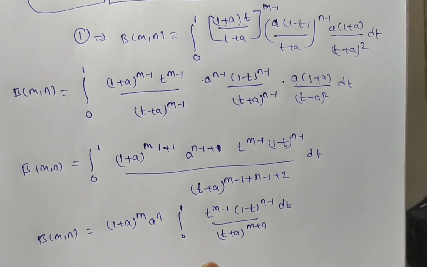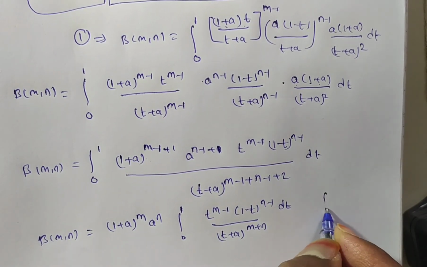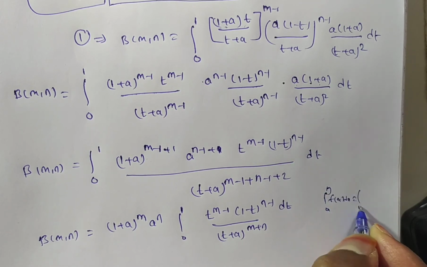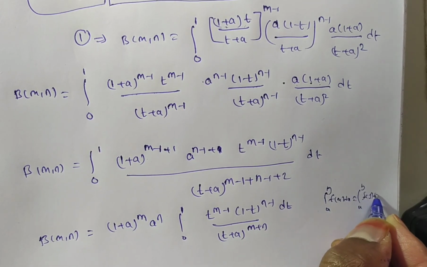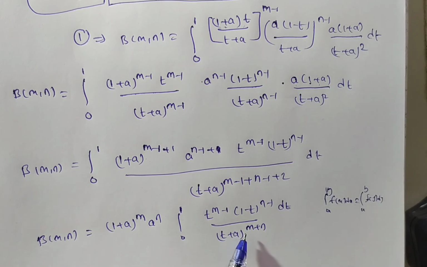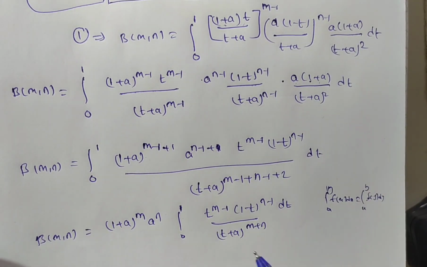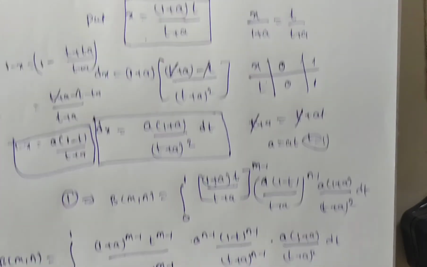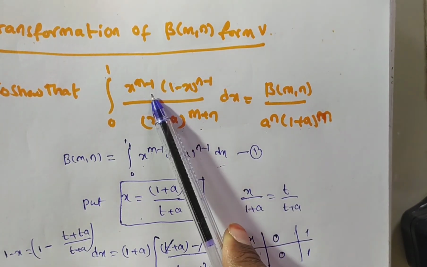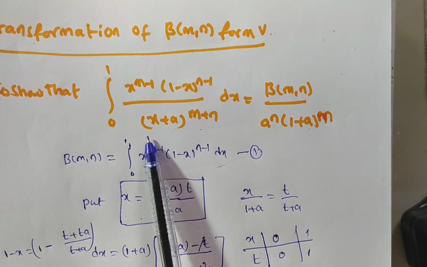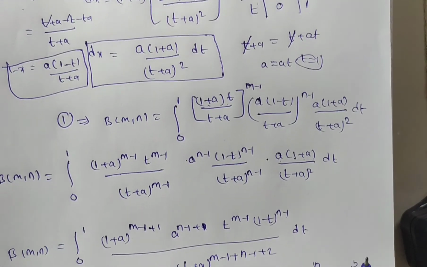We have a property, a definite integral property. What is that? Integral a to b f of x dx is equal to integral a to b f of y dy. Is it or not? So in place of t, what you required actually, you see, the same t power m minus 1, (1 minus t) whole power n minus 1 is similar to x to the power of m minus 1, (1 minus x) to the power of n minus 1. Here t plus a you have. So can I change this term into x or not?